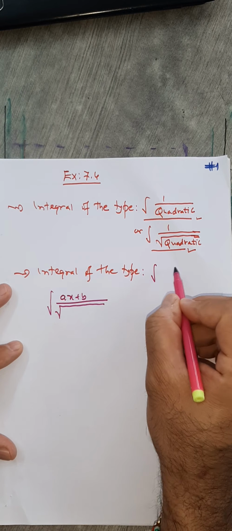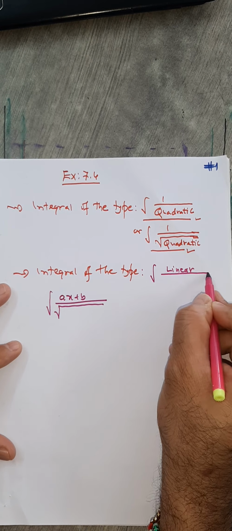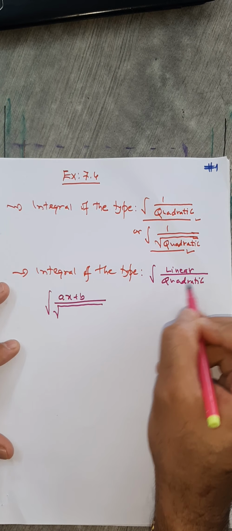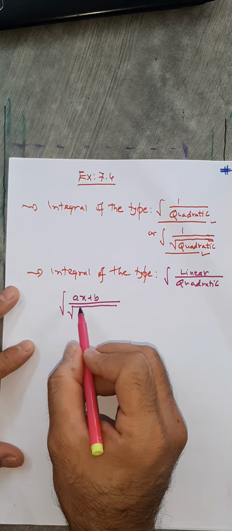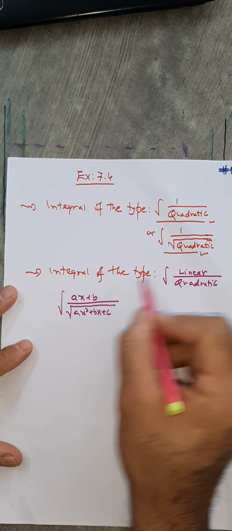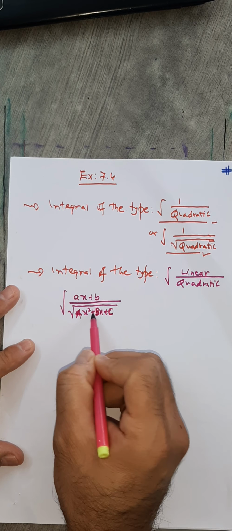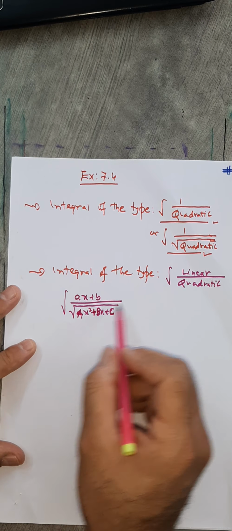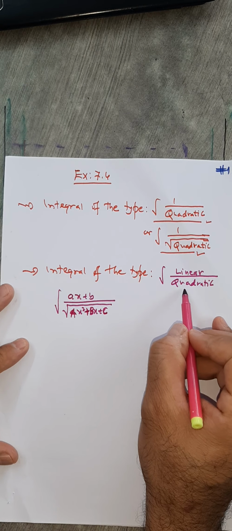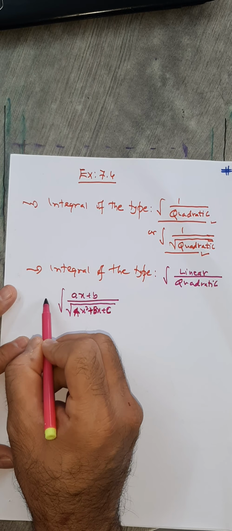So here linear upon quadratic, you may have here ax square plus bx plus c like this. This is linear. Let me write here capital A, capital B and capital C. You may have with square root or without square root, remember. That's not important. Procedure is same.